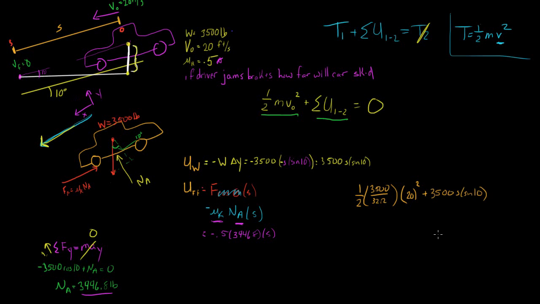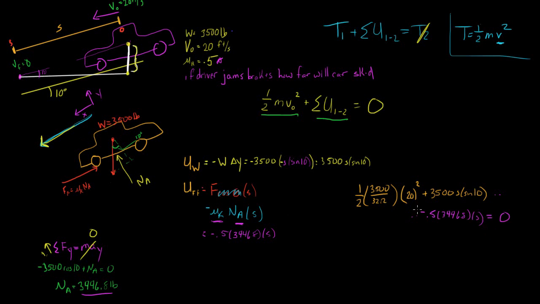I'm running out of room, so I'm just going to go down to the next line right here. So to be continued, minus this frictional force right here, which is minus 0.5 times 3,446.8 times S, and this is going to be equal to 0.